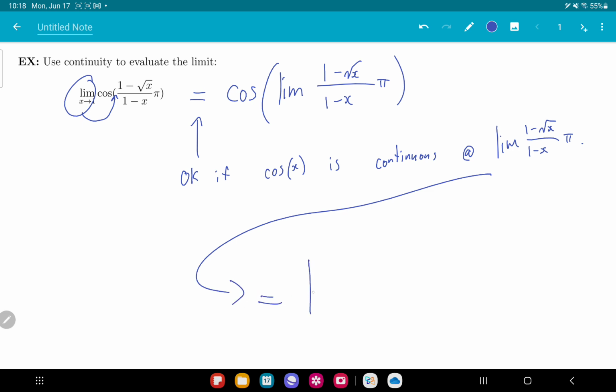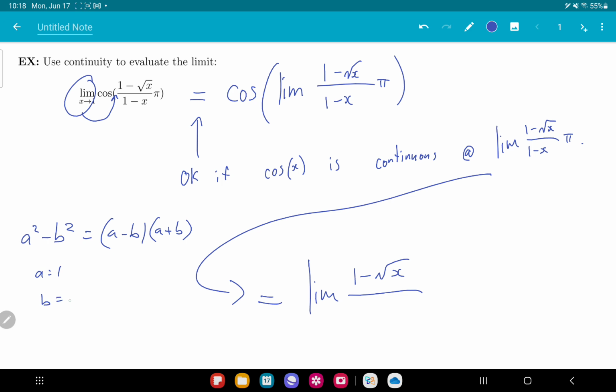So what does this equal? How can I do this? Well, I can factor the bottom and get a cancellation. I'm going to use my difference of squares. So I got a squared minus b squared is a minus b, a plus b. I'll use that. I'm going to have a is 1, b is, what is b?